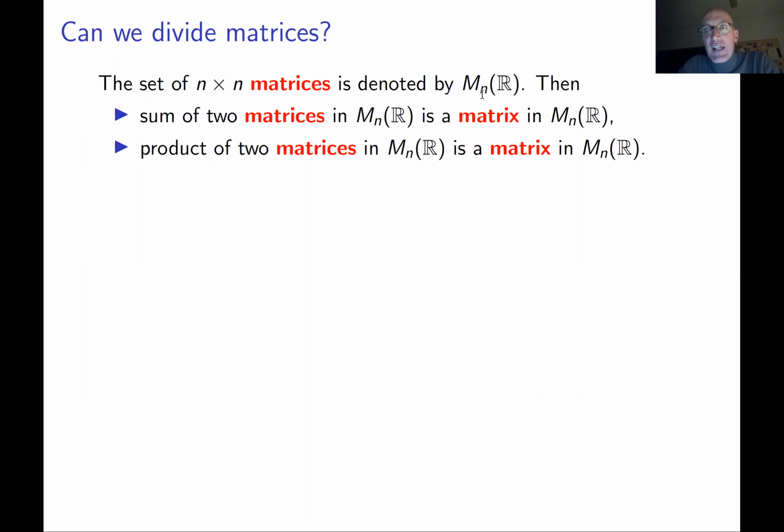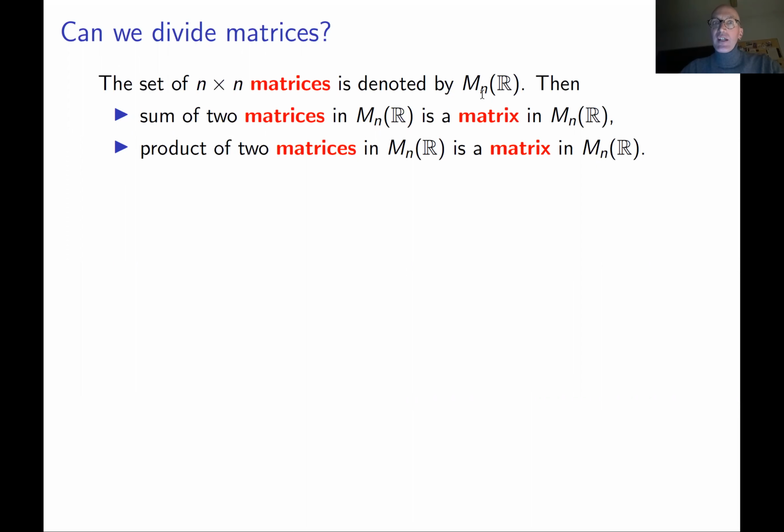So the set looks like a set of numbers. You can multiply matrices and you get an element of the set. You don't need to worry about whether the sizes match. Any two n times n matrices you can multiply and you can add. So this is a nice set with nice operations. Frankly, my favorite set.